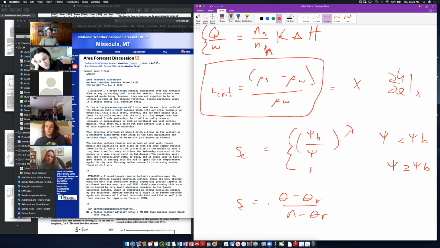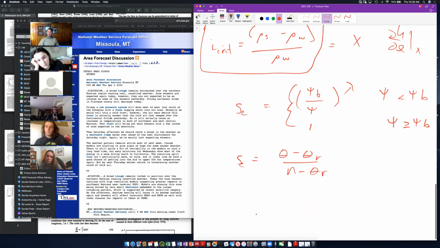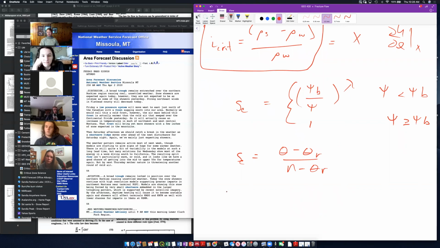If I was doing this, I'd make a column of theta sub w. I'd make a vector ranging from theta sub r to n, a bunch of values.